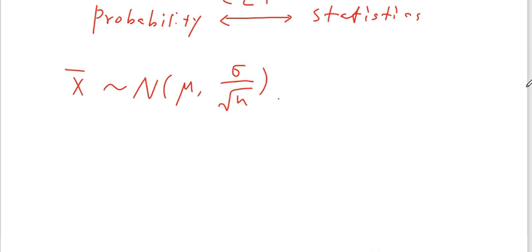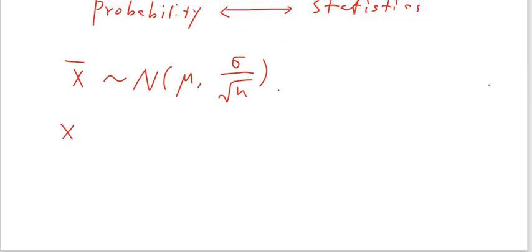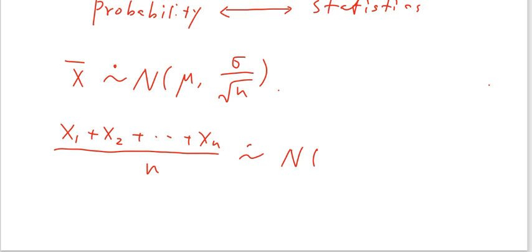So x bar is just x1 plus x2 plus up to xn, over n. We say that this will be close to a normal distribution.